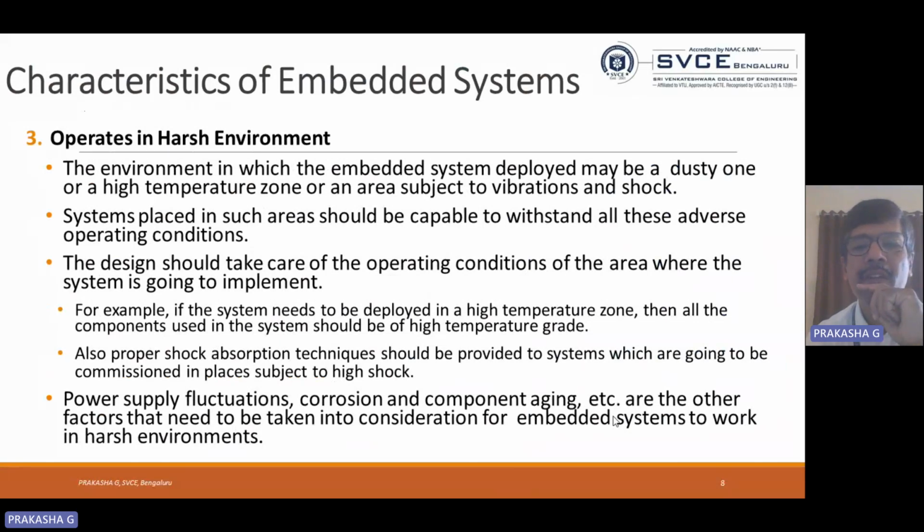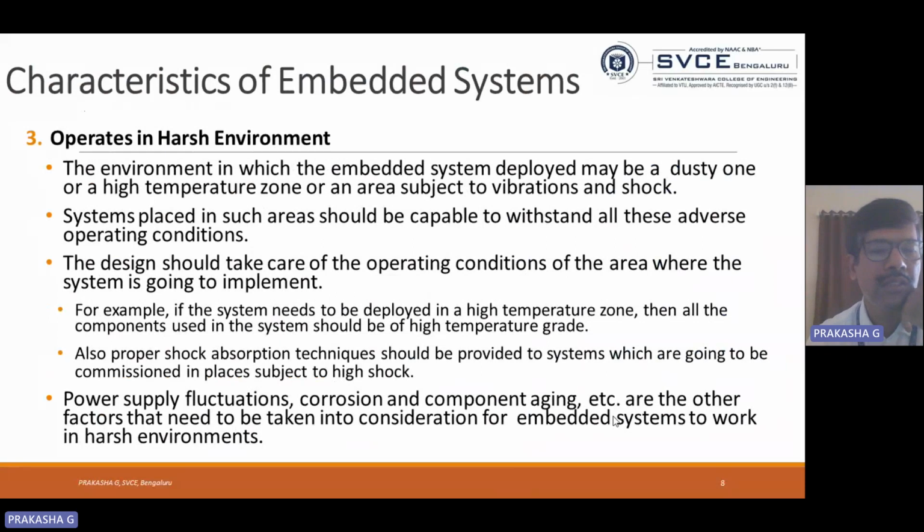If the system needs to be deployed in a high temperature zone, then all the components used in the system should be of high temperature grade only. If I am developing an embedded system that needs to work inside a furnace with high temperature, the components we use should work at that high temperature.